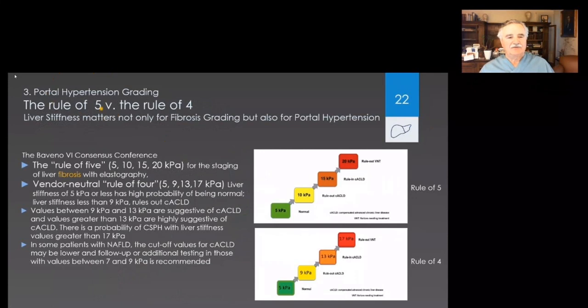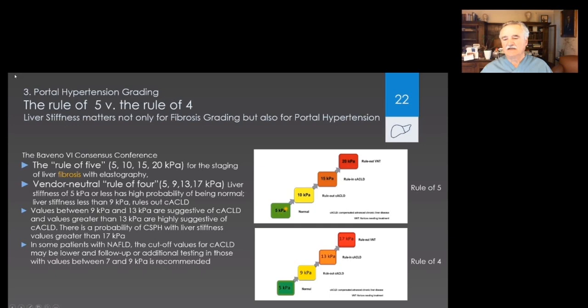Portal hypertension grading using two kinds of rules, as you can see, very similar. The rule of 5, dividing this scale of measurements in kilopascal from 5, 10, 15 to 20.